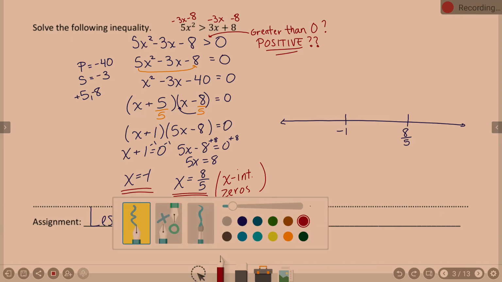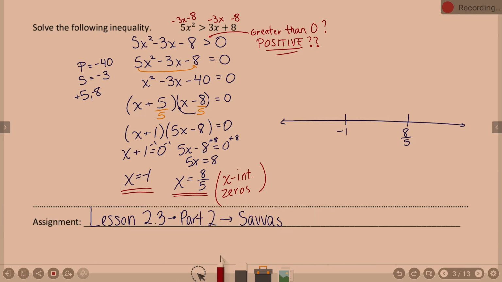So left of negative 1, she says negative 2 would be a good value to test. I could go with that. Test x equals negative 2. Where are we plugging that into?